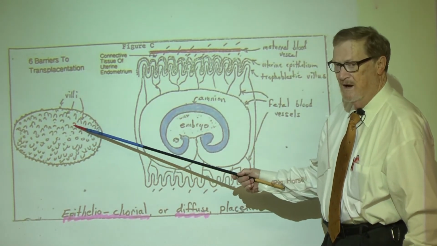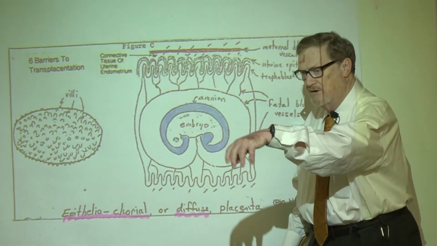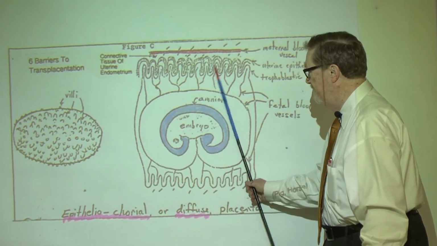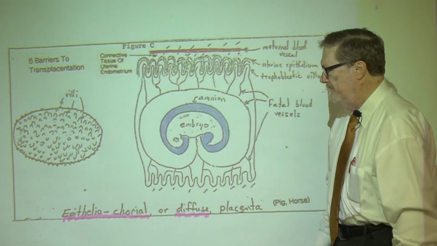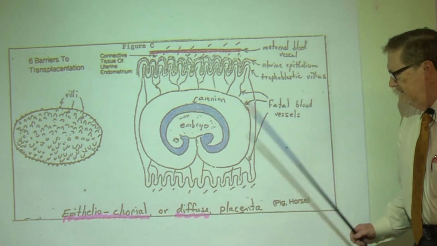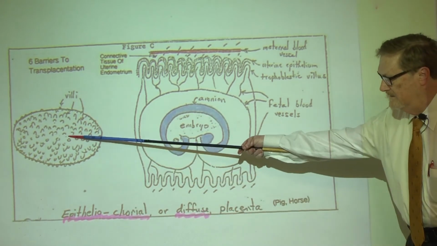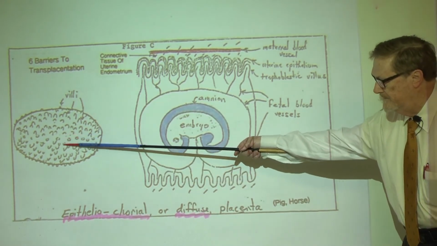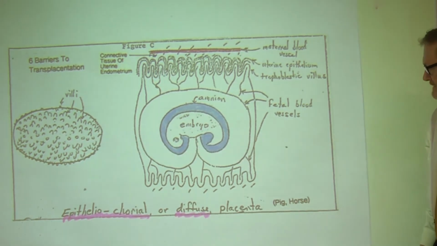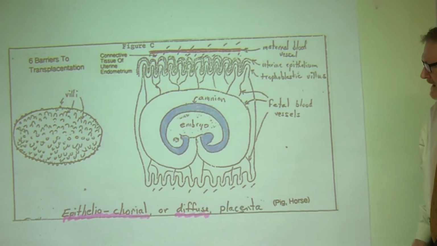It would have 6 barriers to transplantation, and it would have villi equally scattered all around on the surface, these little poked out finger-like processes of fetal origin. Now, that's called a diffuse, D-I-F-F-U-S-E, way of arranging the chorionic villi on the surface here. So this is sometimes called a diffuse placenta.